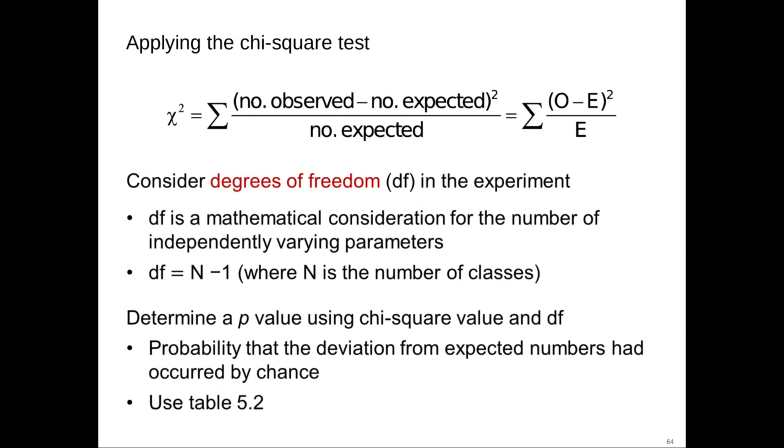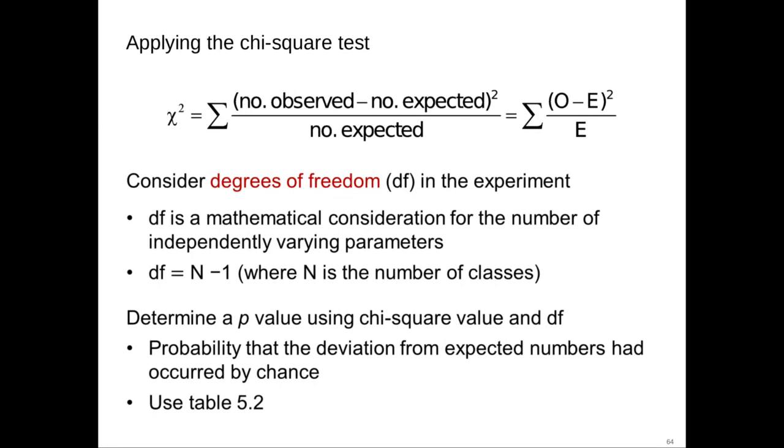So that's the chi-squared test, the sum of O minus E squared divided by E. Now, we have to consider what we call the degrees of freedom, because all we get out the back end of this equation is the chi-squared value. The chi-square value is important, but it doesn't really tell you very much without understanding degrees of freedom. When you took statistics, you probably learned what a degree of freedom is, but I'll reiterate what it means.